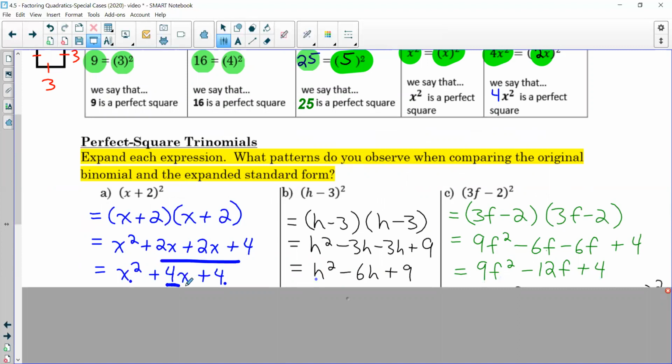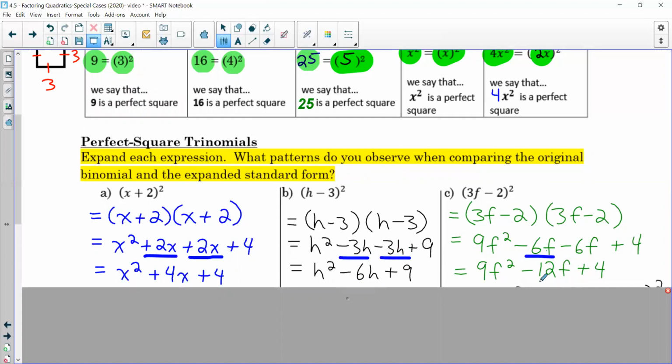But to get these middle terms figured out, take a look in here. So the 4x, 2x, and 2x, negative 6h, negative 3h, negative 3h, negative 12f, negative 6f, and negative 6f. So there seems to be some kind of repetition here. There's 2 of each of these terms in each one.